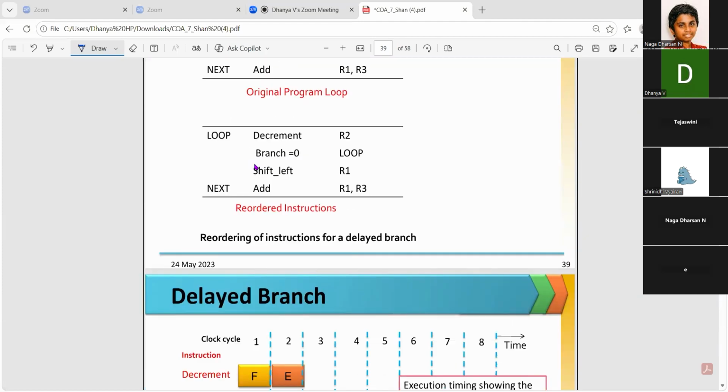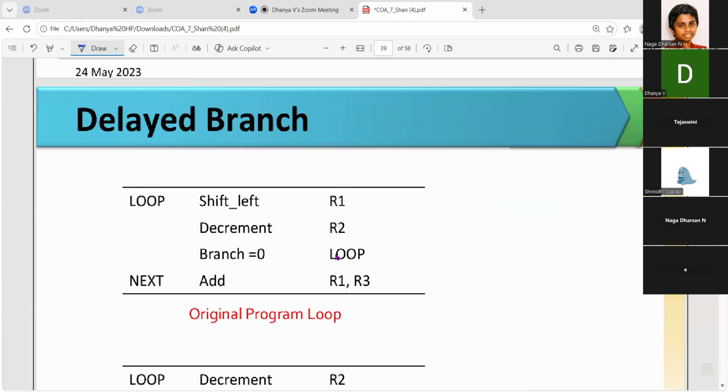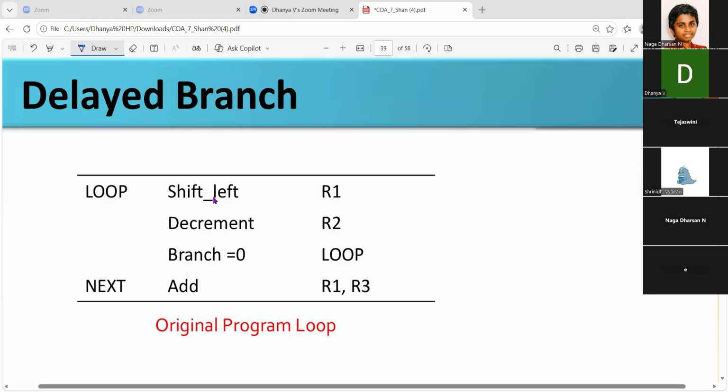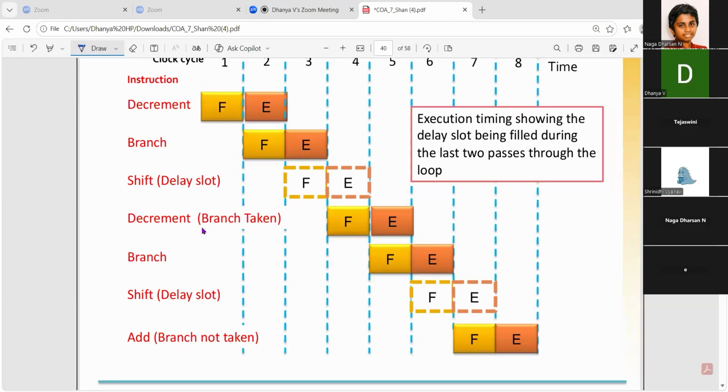In that diagram, first they talked about when the delayed branch is taken. The delayed branch is this third statement. If it is taken, that means it goes back to the loop and performs the same statements. If it is not taken, it goes to the add.